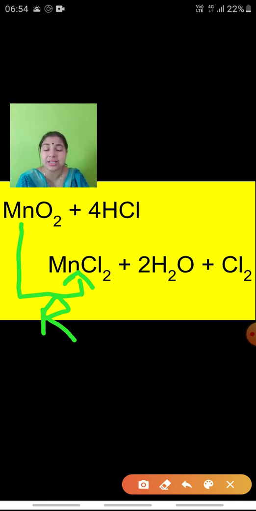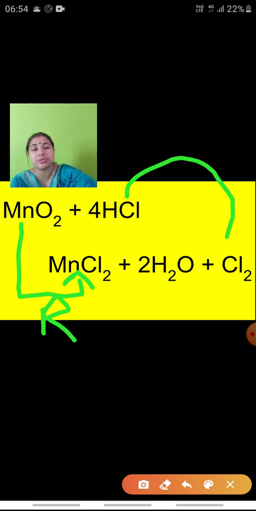Now at the same time, HCl is converted to chlorine gas. That means, in terms of chlorine, chlorine removes hydrogen. It gives out hydrogen.